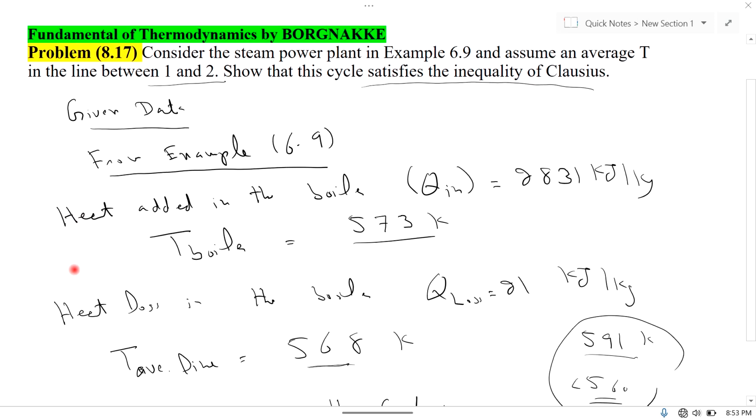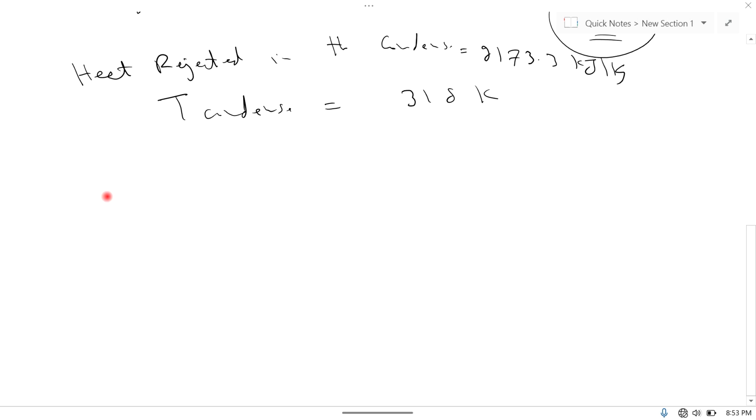Now, we are to show that the cycle satisfies the inequality of Clausius.